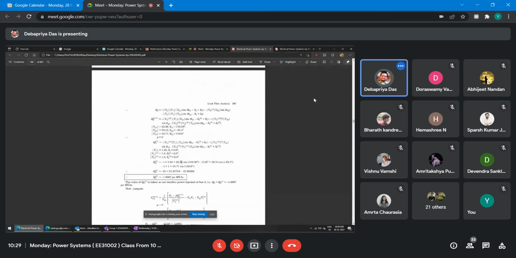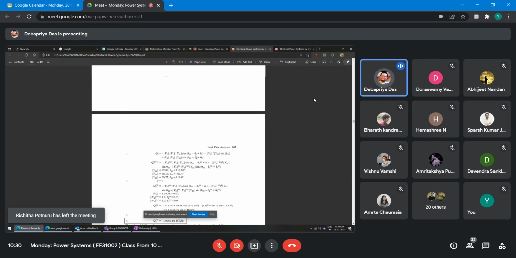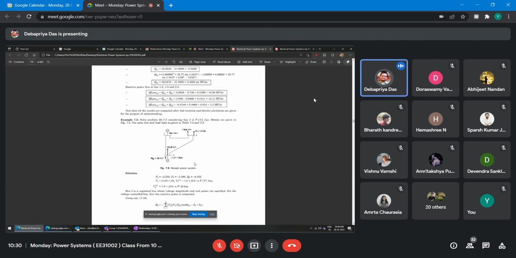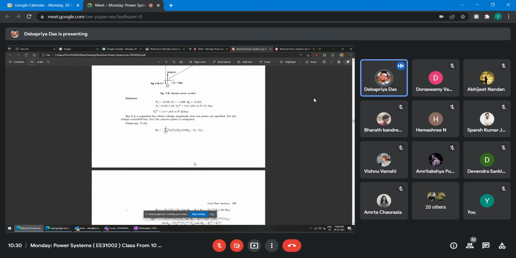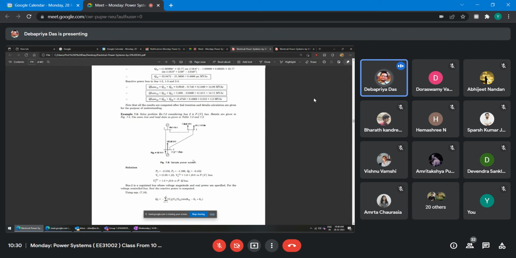And for the calculation, because it involves complex numbers, I have tried my best to give it in such a fashion that the computation will be minimum. Compared to the examples given here, the computation in the exam I have given may be less, in my opinion, because from my side also I have done a little bit of exercise. It will be much less.